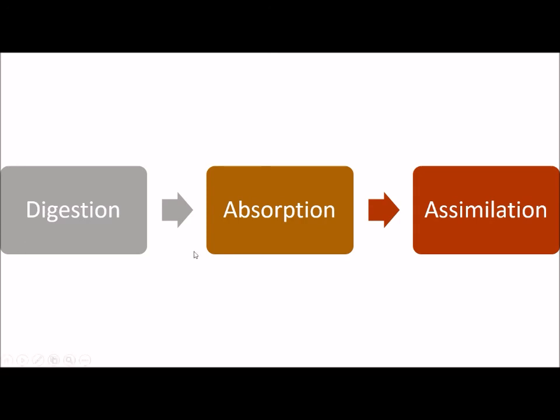Then we discussed the absorption of the digested compounds, and after absorption we discussed the assimilation of the absorbed nutrients. After this we are going to discuss more on defecation.